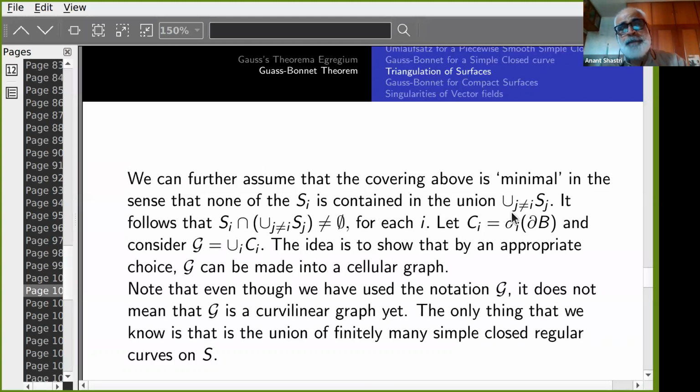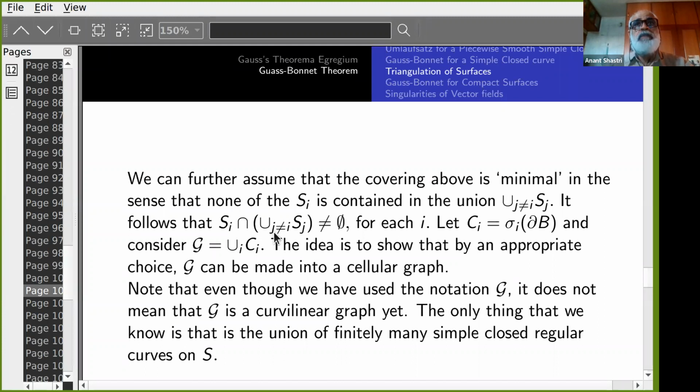If that is the case, there is no need for putting Si. You can just delete the Si, because the Sj's are necessary to cover it. So once you get a finite covering, you can make it minimal by deleting those which are not necessary.